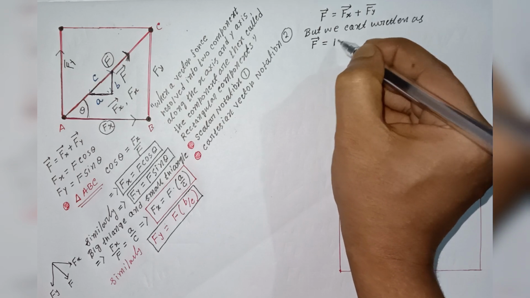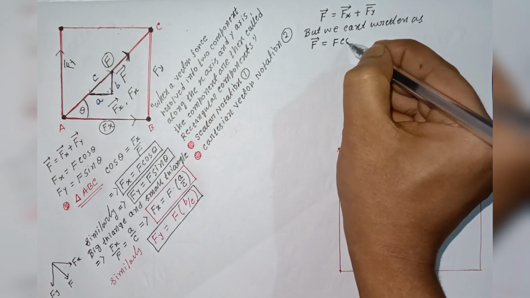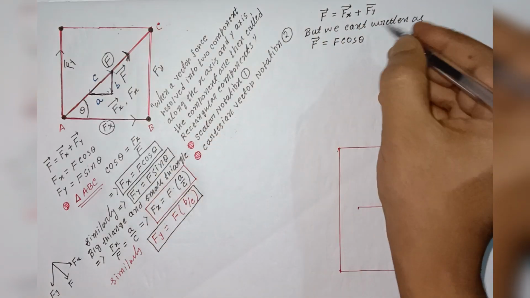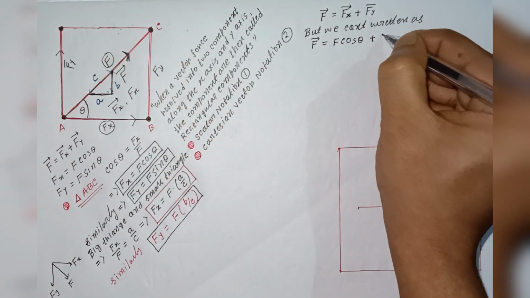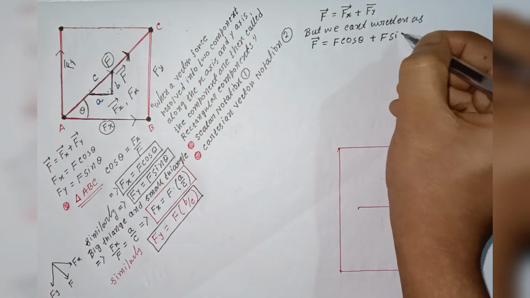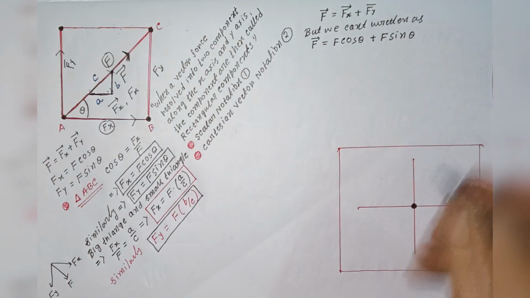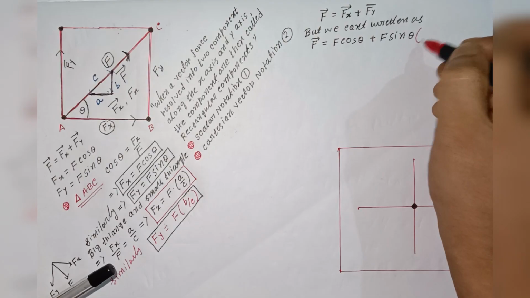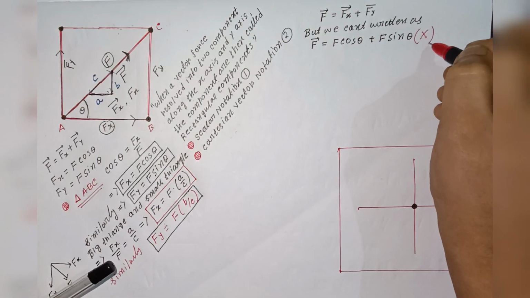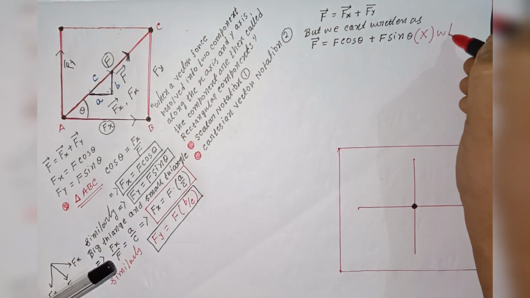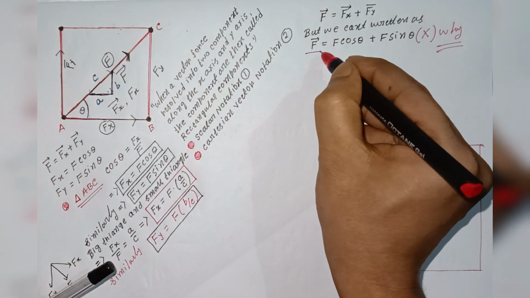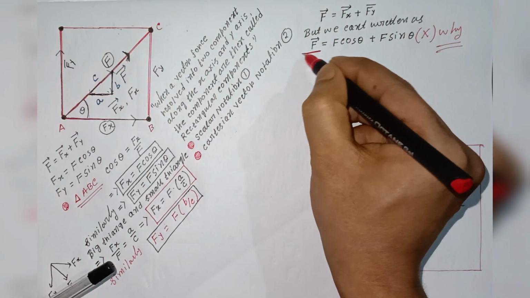So we cannot write F vector equals scalar part F cos theta plus F sin theta, because F cos theta and F sin theta are the components. But we can't write it. Why? Because the left-hand side is a vector, the right-hand side is scalar. So this sentence is wrong.